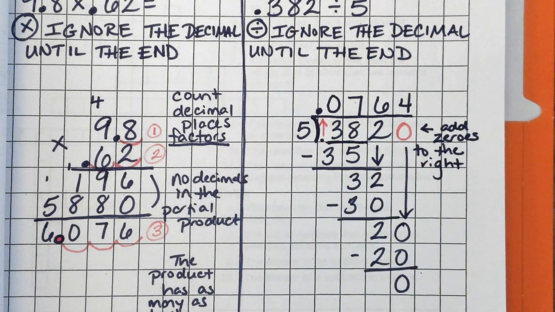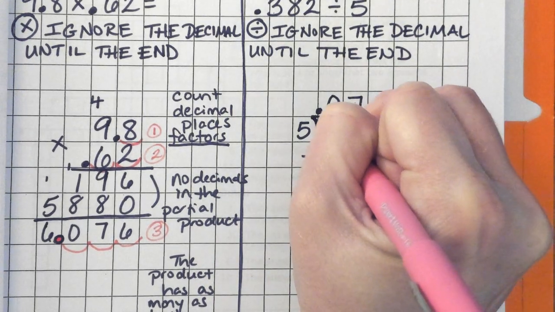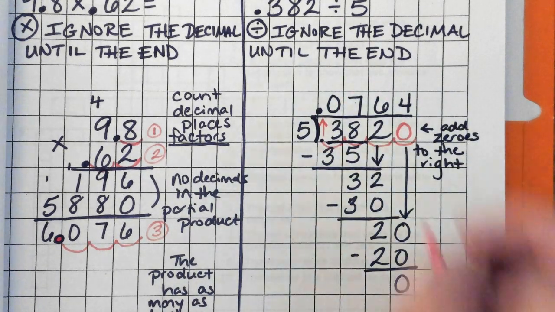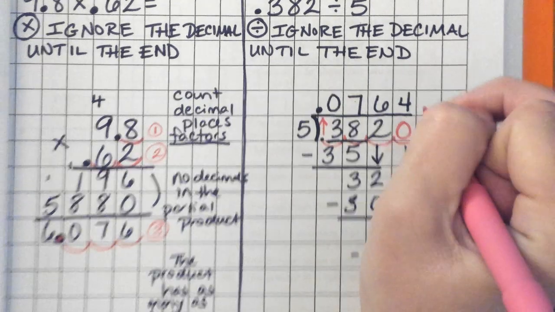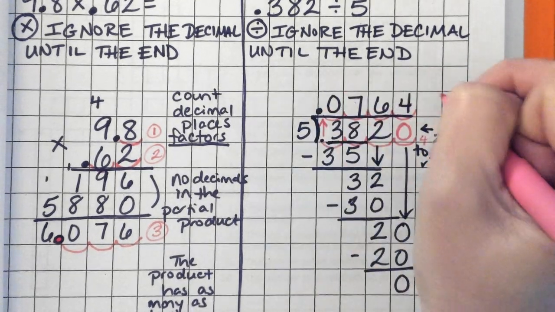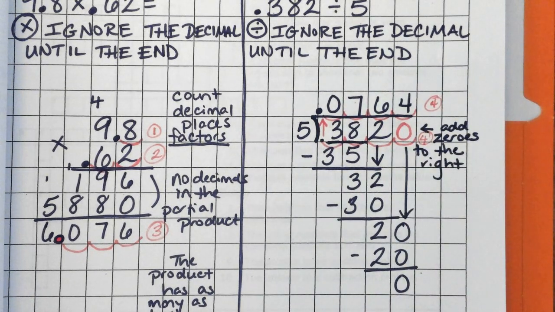The other thing I want you to notice, if you look at your dividend, 1, 2, 3, 4. The dividend has 4 decimal places. Look at the quotient. 1, 2, 3, 4. The quotient also has 4 decimal places.